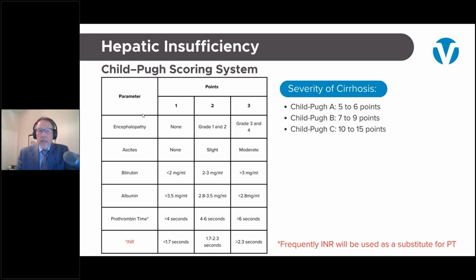The other findings, encephalopathy and ascites, are less precise, but generally are easy enough to accommodate, and obviously encephalopathy is very apparent when it's present, so that usually is not a problem.